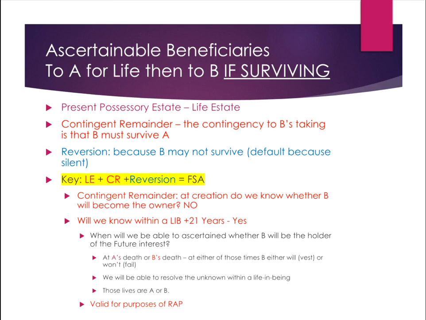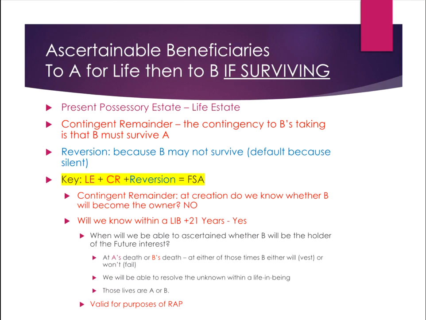The thing to think about with contingent remainders, if the settlor has not designated what happens in the event that the contingency fails, you have a reversion, a silent reversion, because the settlor by default has retained something by not giving it away.